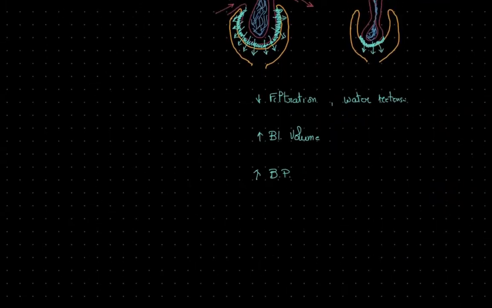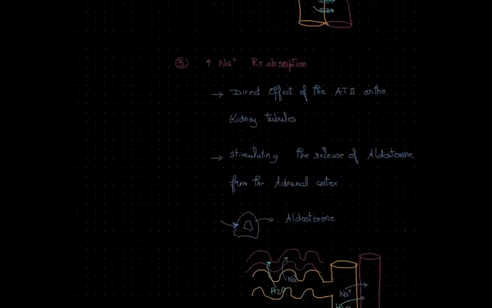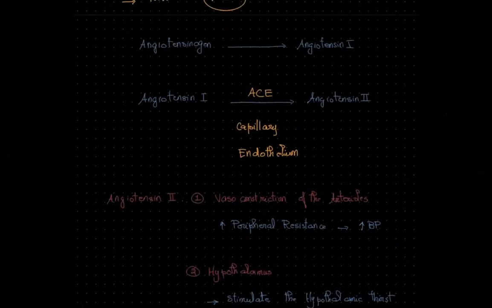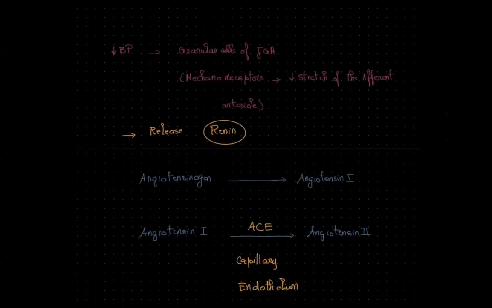back to normal. This is what we have seen and discussed concerning how the kidney is responding to regulate the blood pressure. Again, the kidney responds to a decline in the blood pressure by increasing it. How does it detect it?